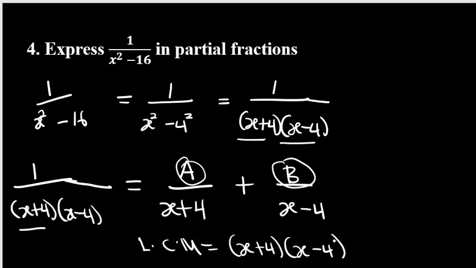So we take this LCM and multiply each term by the LCM. We multiply the whole of this term by the LCM, the whole of this term by the LCM, and the whole of this term too by the LCM.